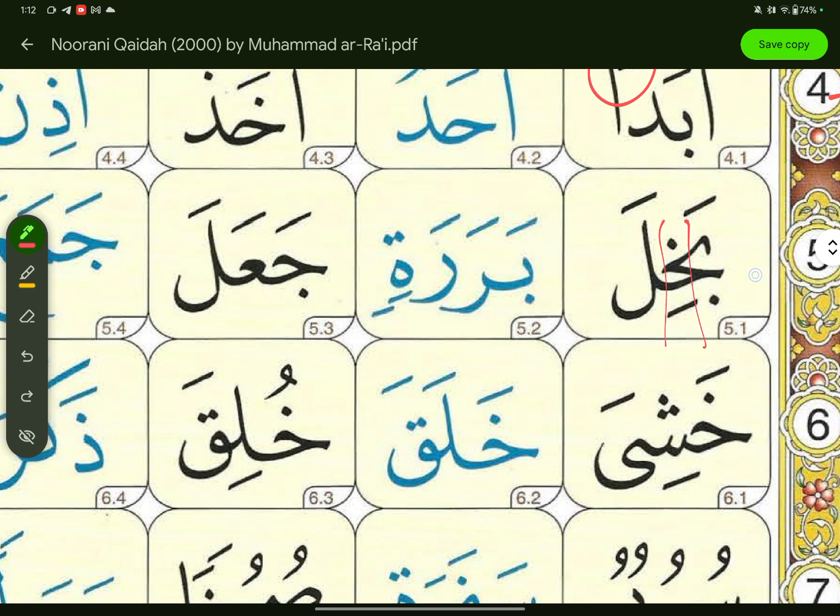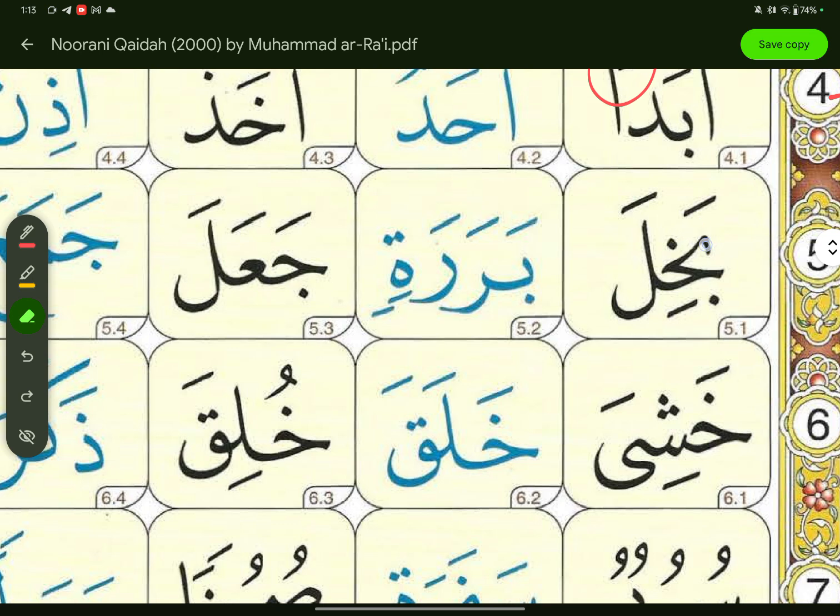So this here that you're seeing, you're seeing the shape. This shape is relating to this here. And this here is the ba. If it looks confusing, don't worry about that. Typically, Arabic isn't written like this in normal books. In the Quran, you find it, and you will get used to it.